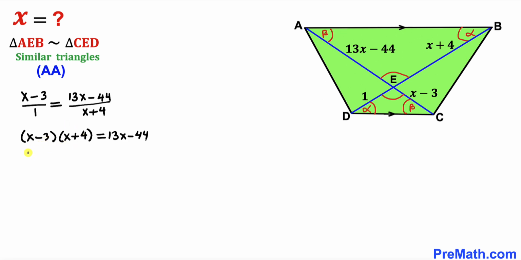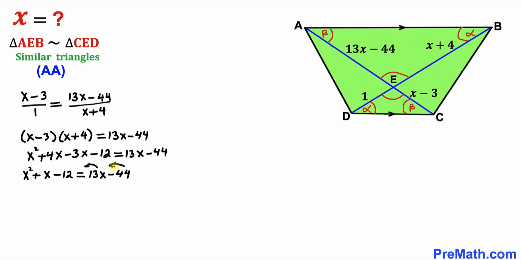Now let's do the double distribution. This can be written as x squared plus 4x minus 3x minus 12 equal to, on the right hand side, 13x minus 44. Now let's combine the like terms on the left hand side. Now let's move everything to the left hand side.